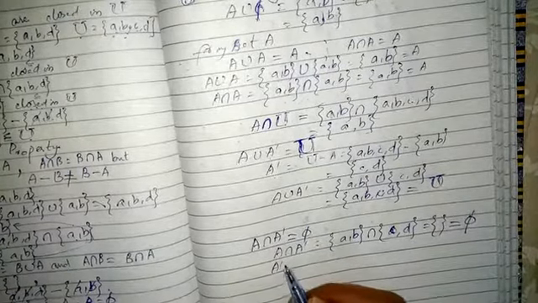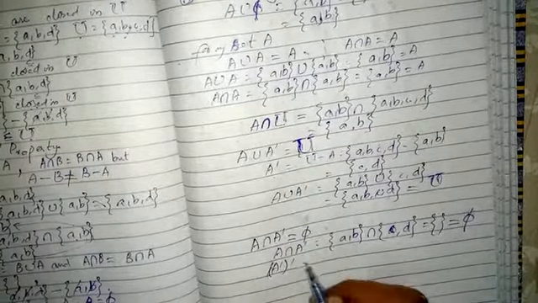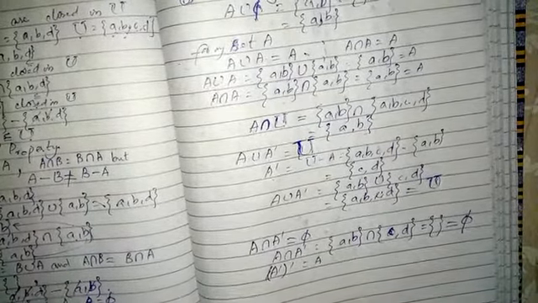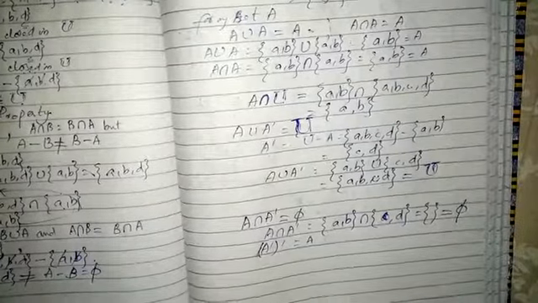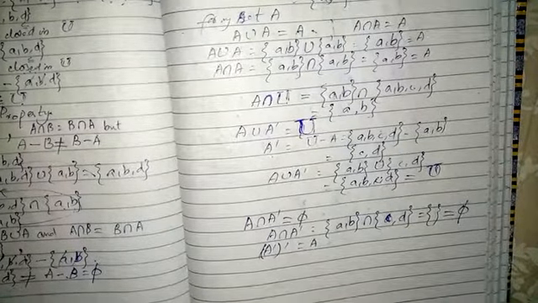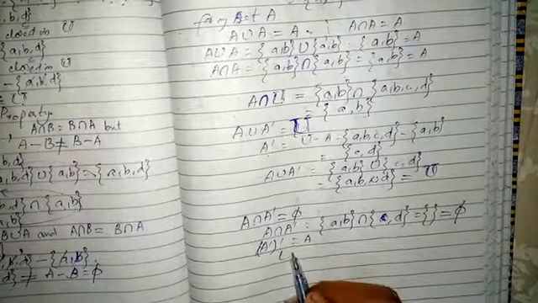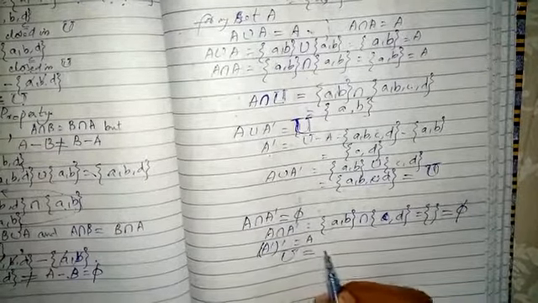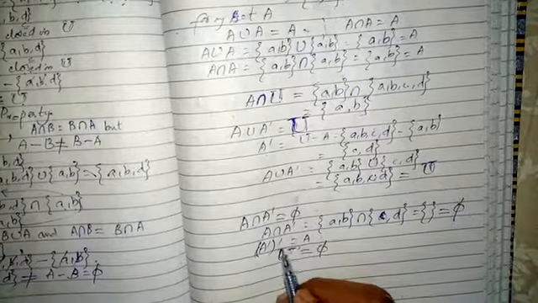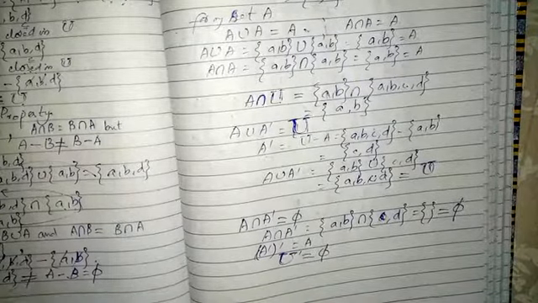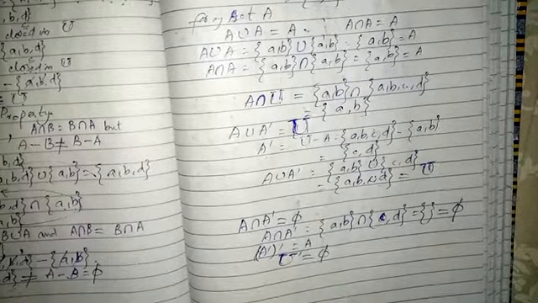We have already discussed another property, that the complement of the complement of A is equal to A, which is available in our previous videos. We will not discuss it in this video. There is another property, called the universal complement, which always becomes phi, because the universal complement means we have to find the difference with respect to the universal set.